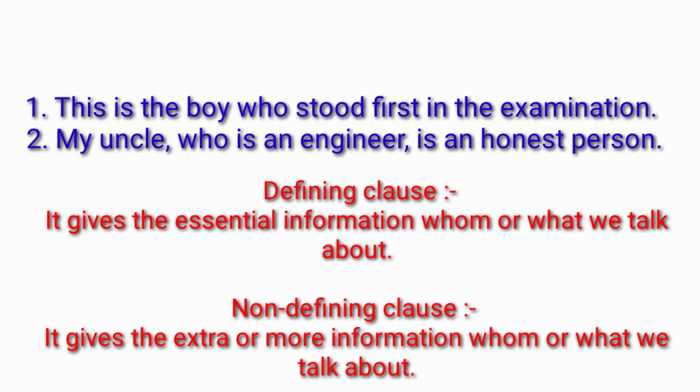Here, the main part is my uncle is an honest person and who is an engineer is the extra information. So it's a non-defining clause. That's why we have separated it from the main part by two commas before and after the non-defining clause. Remember, comma is very important for using complex sentence.